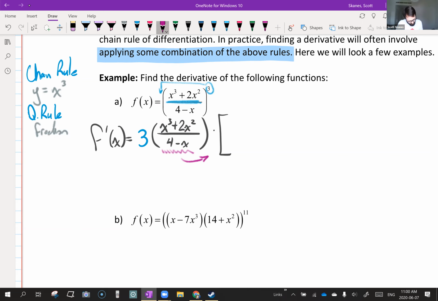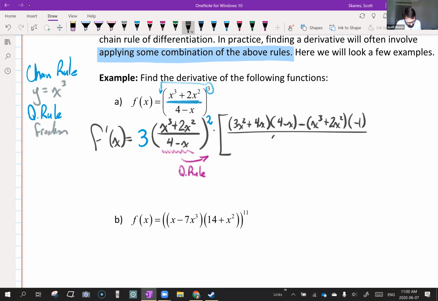Okay? Now this is my quotient rule. I did the derivative of the, oh, I'm missing something. 2. Sorry about that. Let's do our quotient rule. I'm not going to write out every step this time. I'm just going to show it clearly. We have the derivative of the top, 3x squared plus 4x, times the bottom, minus the top, times the derivative of the bottom, -1, all over the bottom squared.